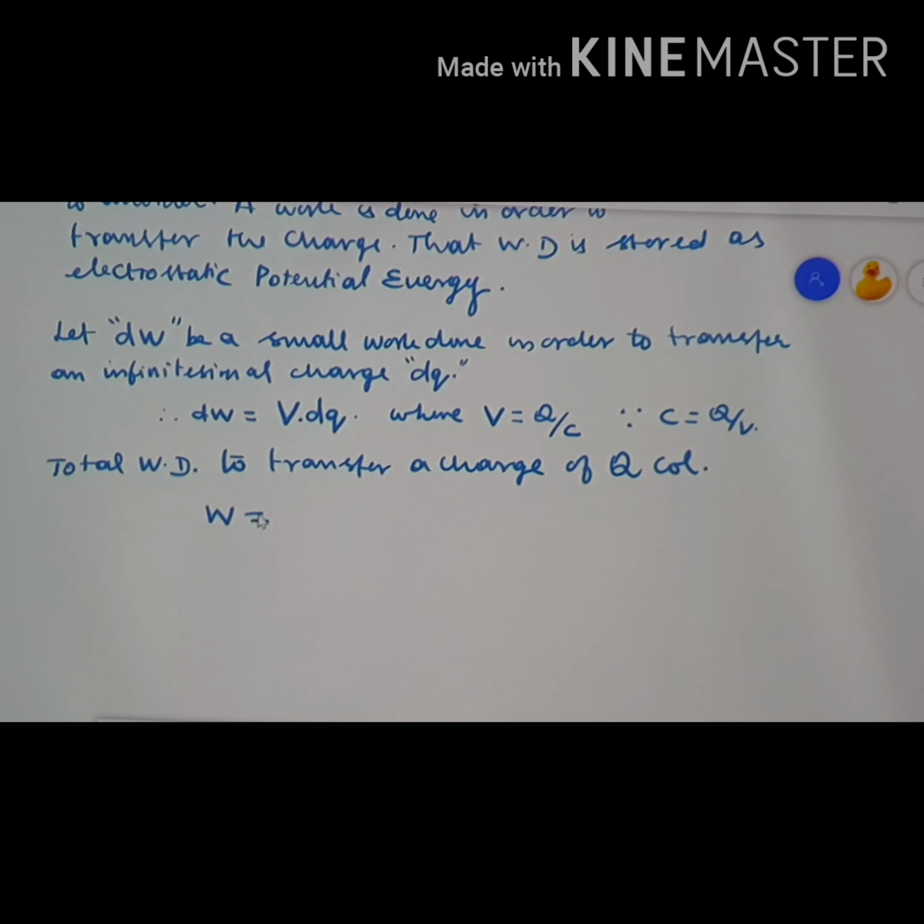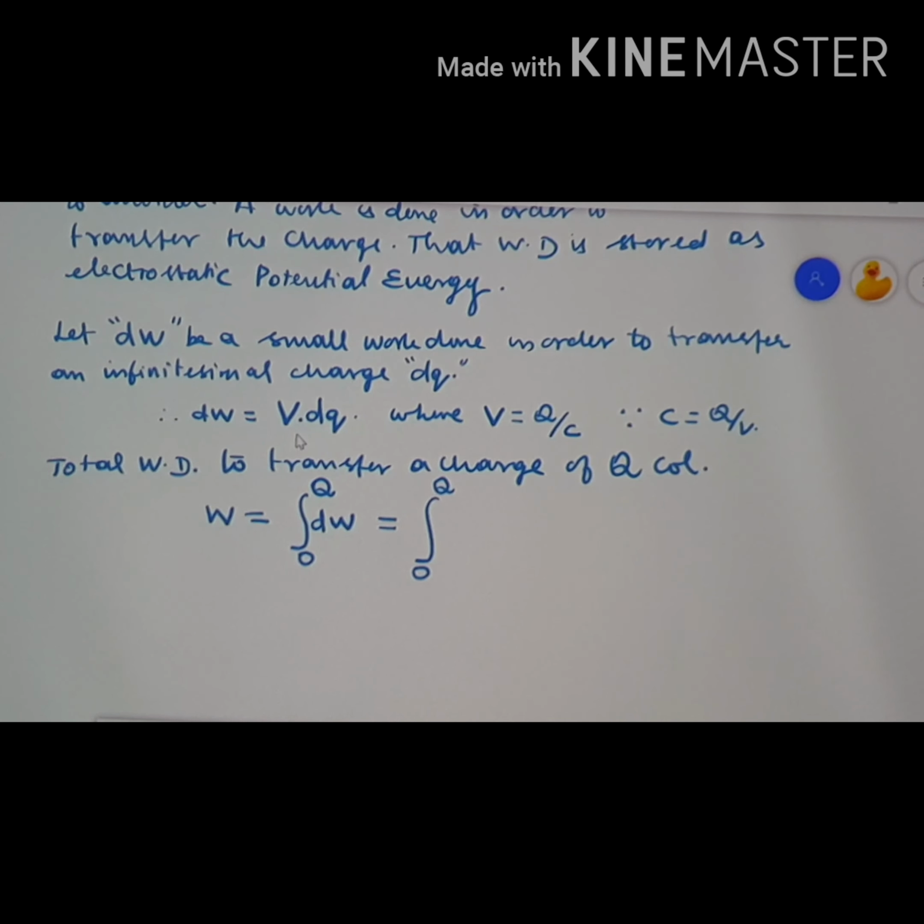This total work done W can be obtained by integrating the small work done dW within the limits 0 to the total charge Q. So W is equal to the integral from 0 to Q of dW. What is this dW?